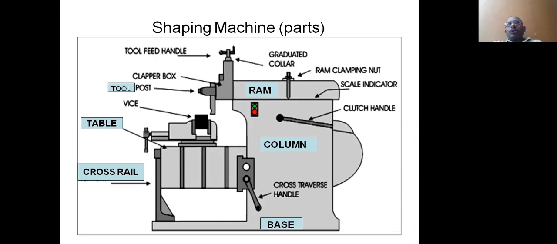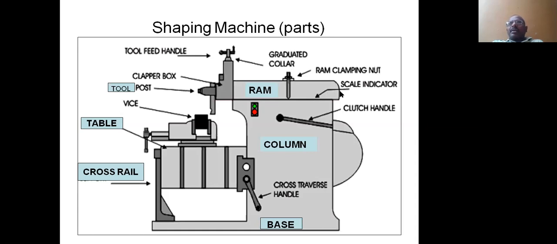In order to adjust the feed, one tool feed handle is provided on the top of the clapper box. That particular one is graduated or divided in units.